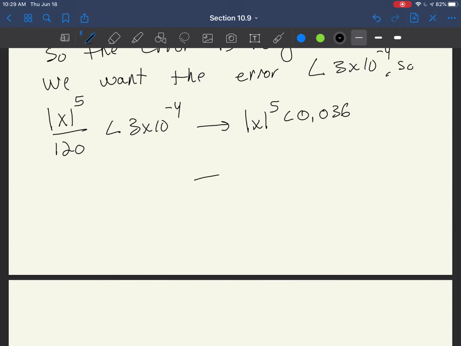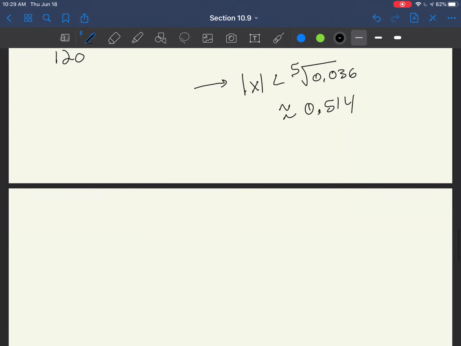Multiply by 120, you get the absolute value of x to the fifth is less than 0.036. Take the fifth root, and you get the absolute value of x is less than the fifth root of 0.036, which is approximately 0.514.